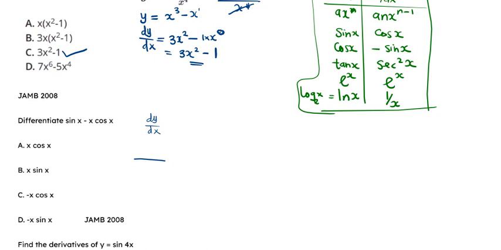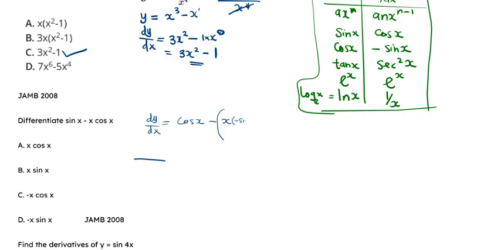So the challenge now is, how do we differentiate x cos x? You see that x is a function and cos x is another function, so it is a function multiplying another function. You have correctly guessed it, we are going to use the product rule. We hold x first, then differentiate cos x, which gives minus sin x.